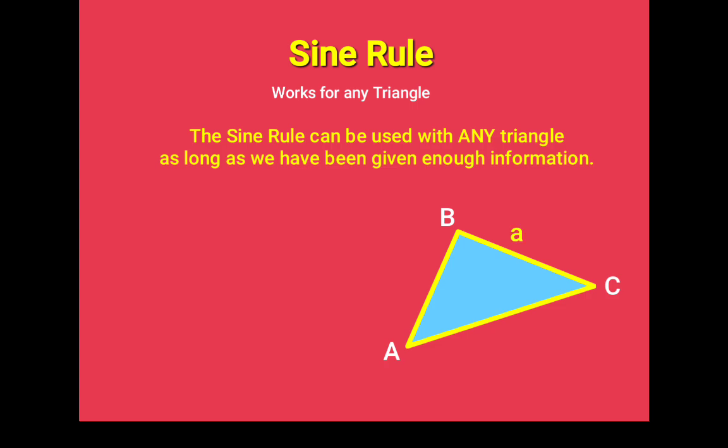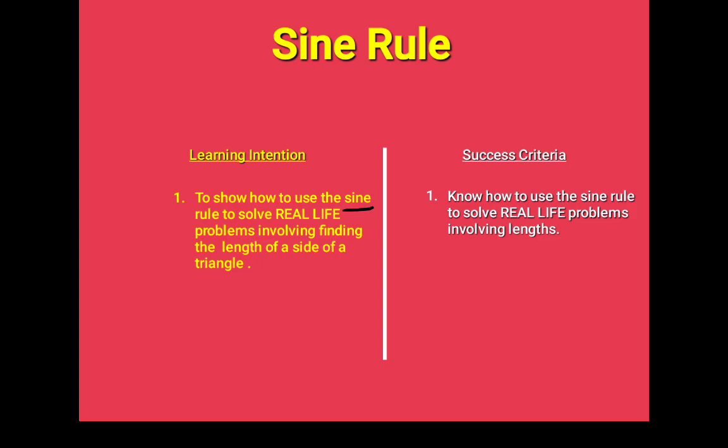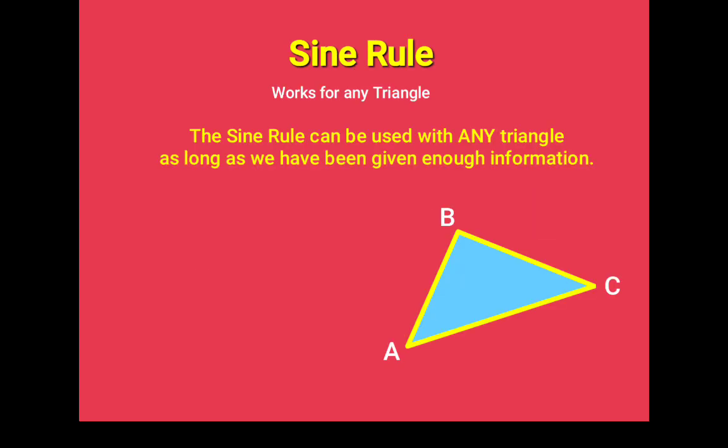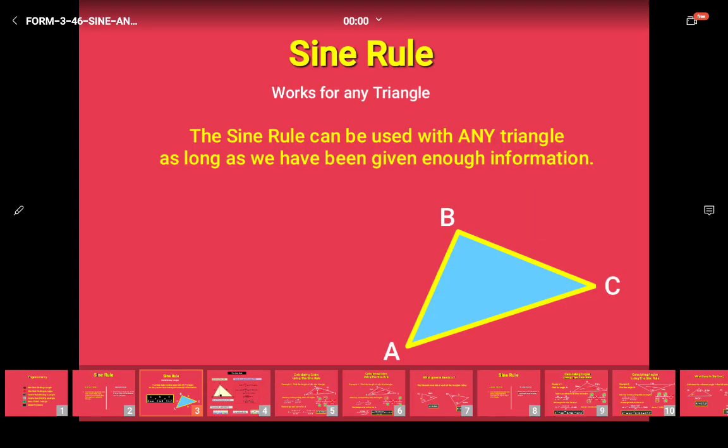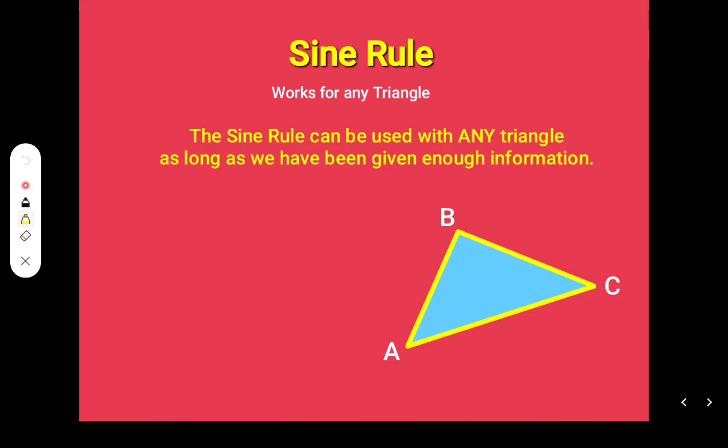Let's consider a triangle such as this one. Triangle ABC. We can label the sides of the triangle depending on which angle each side faces.